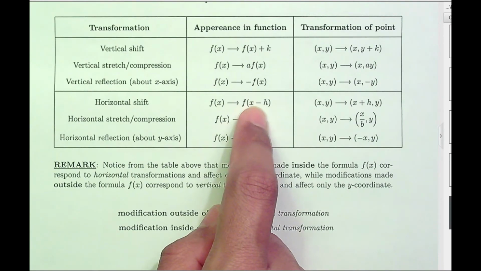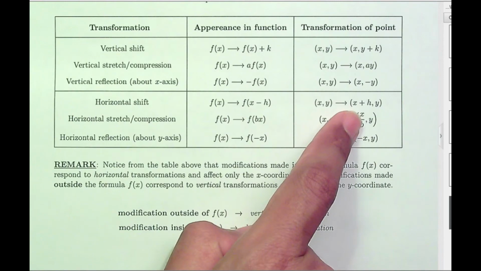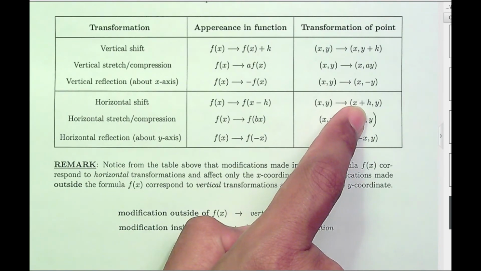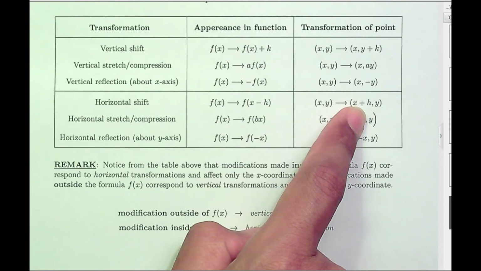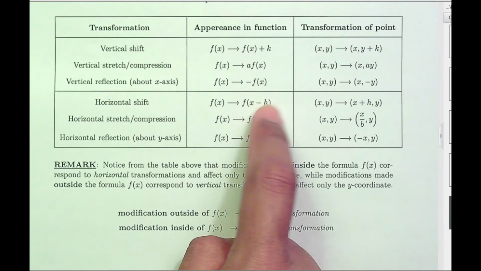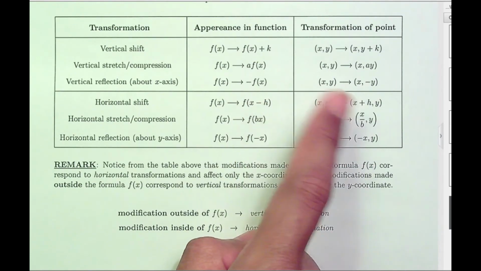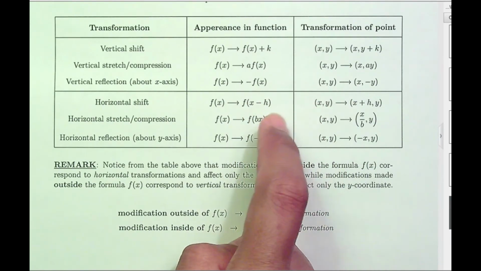So if you're subtracting a number, that means you add it. It behaves the opposite. If the whole thing is negative, you move to the right. If the whole thing is positive, you move to the left.